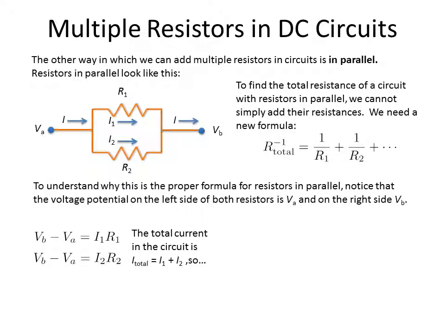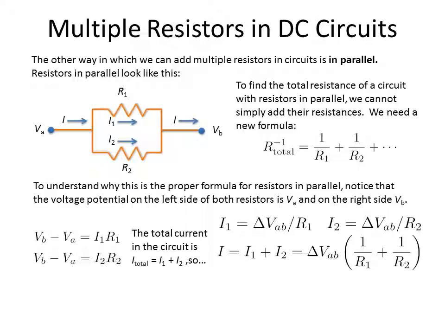And as we said, with Kirchhoff's first law, the Junction Rule, the total current is equal to I1 plus I2. So I1 is equal to delta VAB over R1, and I2 is equal to VAB over R2. I is equal to I1 plus I2.